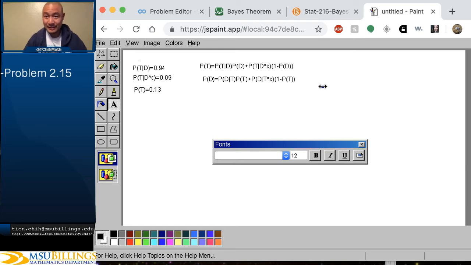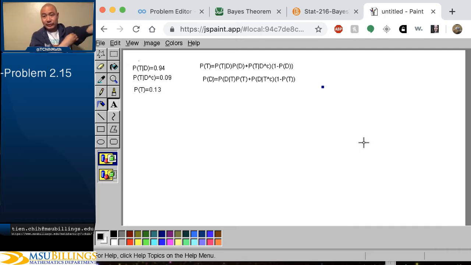All right. And so we can look at these two formulations, and these are both true statements, right? And we can ask, which one's actually useful to us in this scenario? Well, I know T given D, I don't know T given D complement, those are these values here, right?